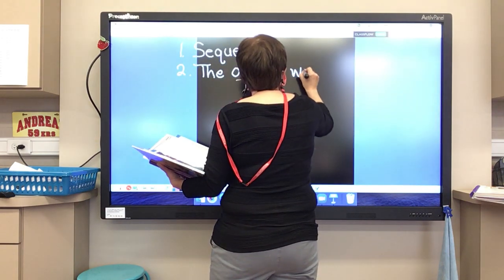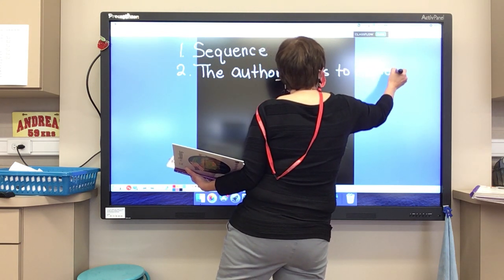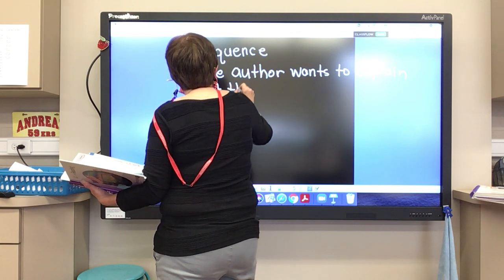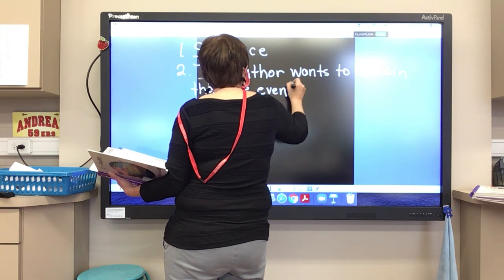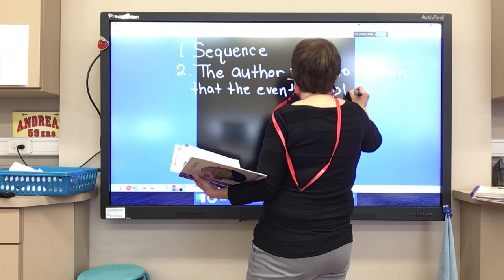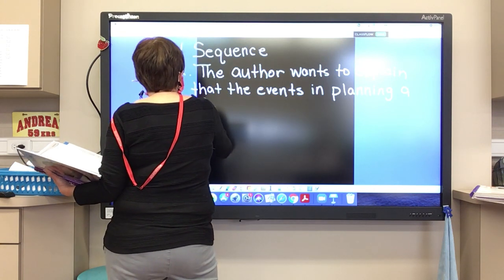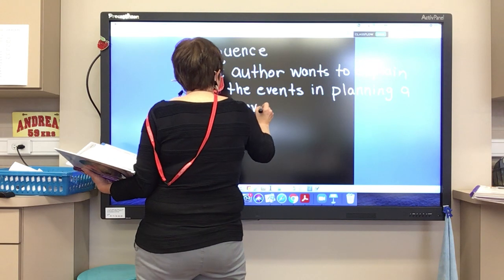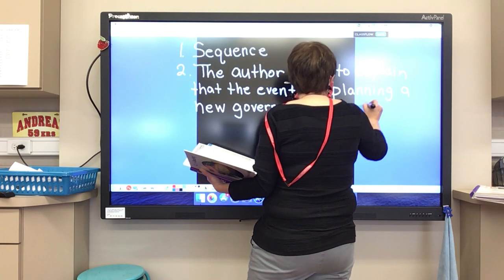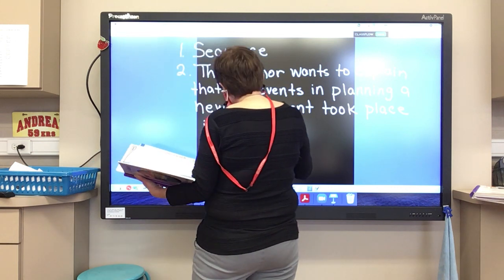So the author wants to explain that the events in planning a new government took place in a particular time order.